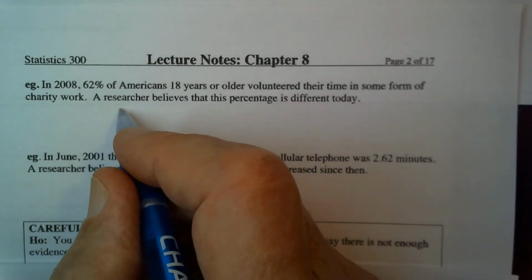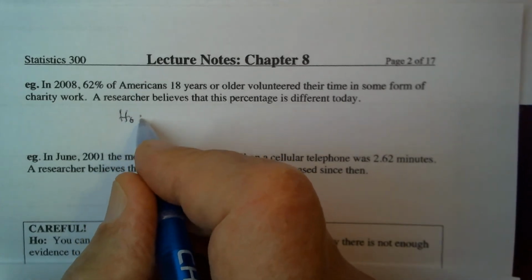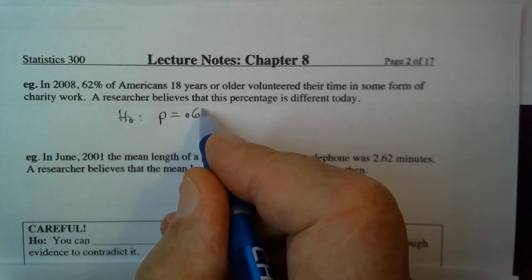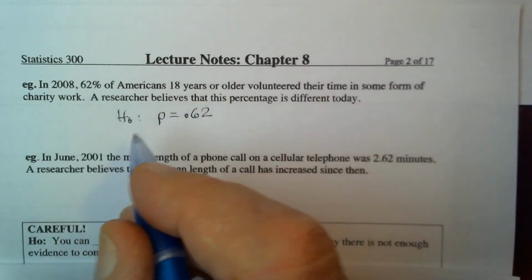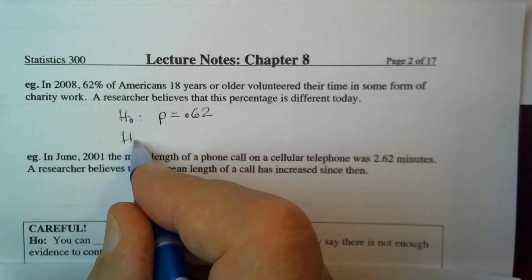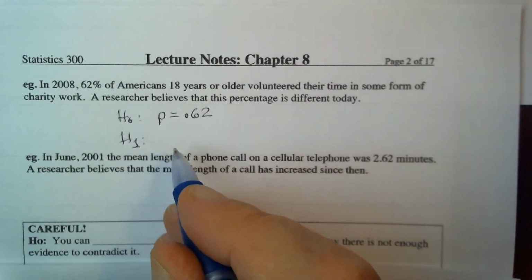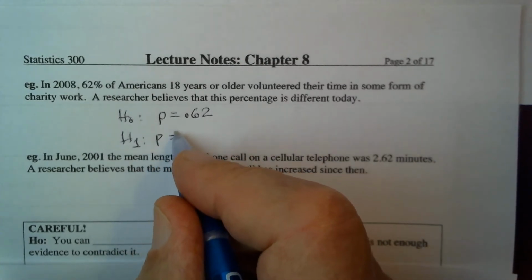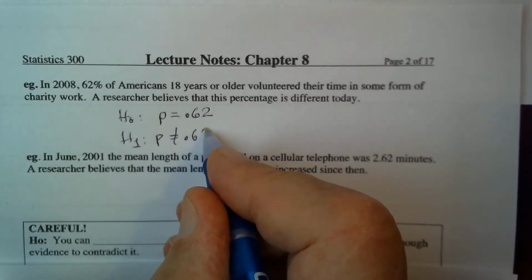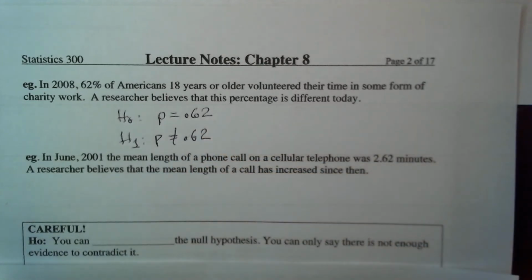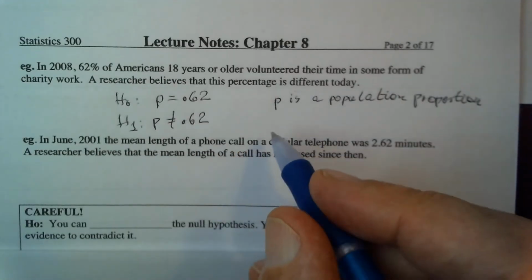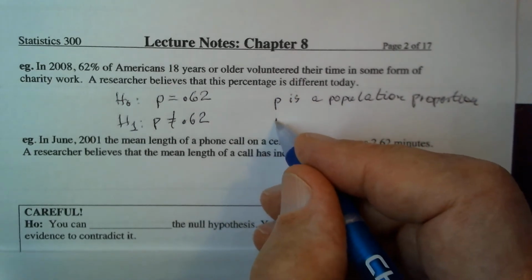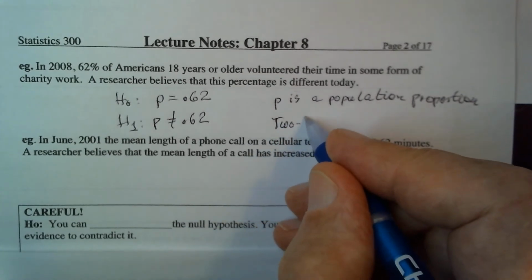So our null hypothesis H0: P is equal to 0.62, or 62%, and the alternative hypothesis H1 is different, so P is not equal to 0.62. P is a population proportion, and this is a two-tailed test.